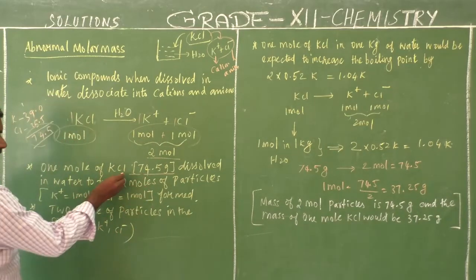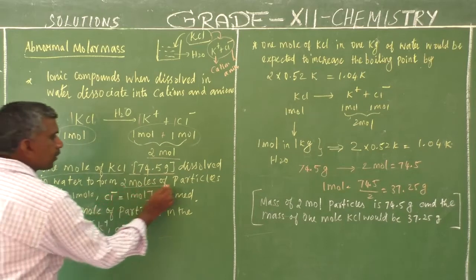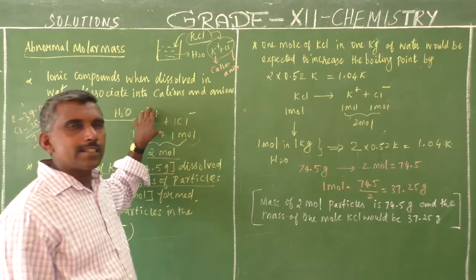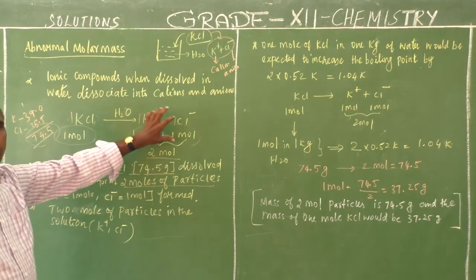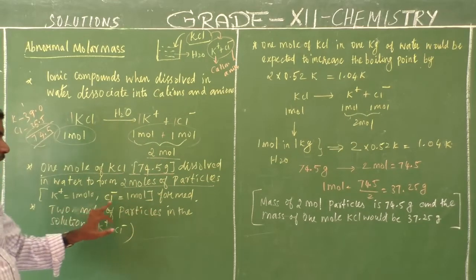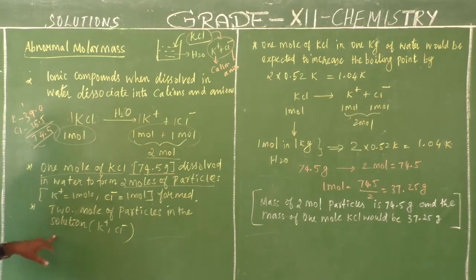One mole of KCl dissolved in water forms 2 moles of particles. What particles? Potassium cation and Cl minus anion particles: 1 mole of K plus and 1 mole of Cl minus. So there are 2 moles of particles in the solution.